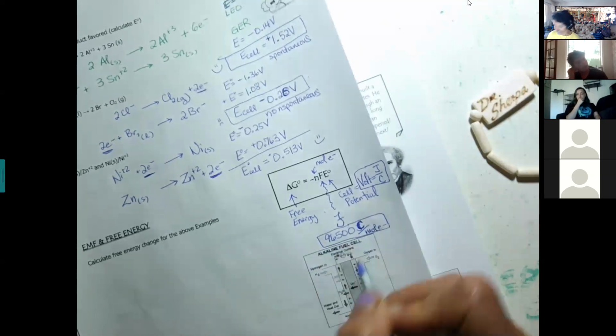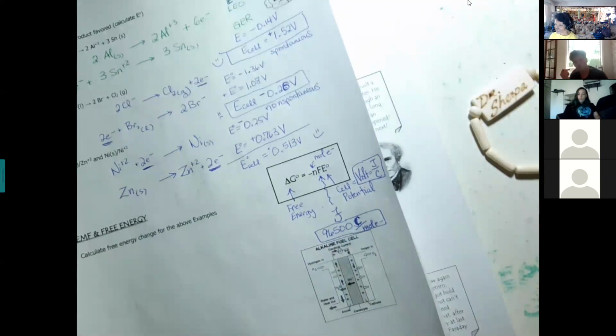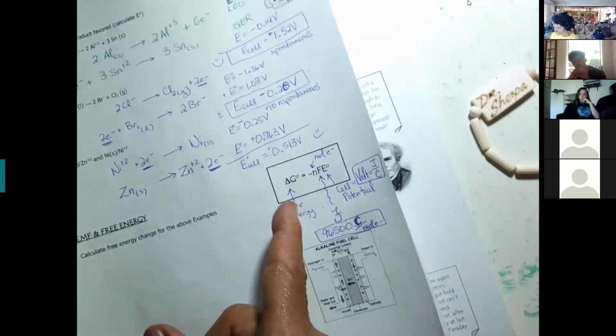We're going to use it a lot over the next 3 days, so you'll know it. Or you can put it on your little note card. When you do your test, you have a little note card with the pieces you need. But if you do your work and don't just copy it, you'll know it. What we're going to do is, if you have cell potential, you can find the free energy change. We're going to do the first one.